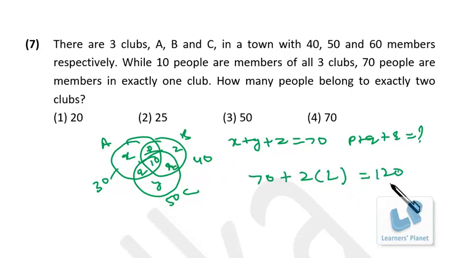So 2L is 50, that means L is 25. So exactly 25 people have the membership of 2 clubs. Okay, that is p plus q plus r. I hope you are clear. So to save time, sometimes you just have to write the clues instead of writing down the entire equation. But the entire equation should be there in your mind, right? Otherwise you will end up making mistakes.